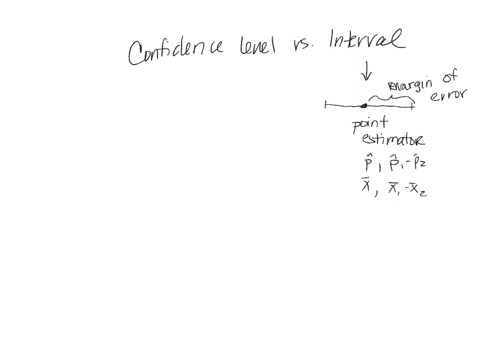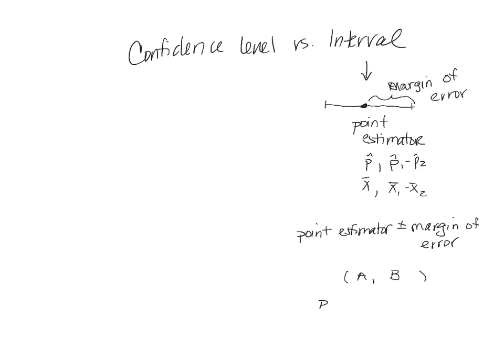And so when we talk about confidence intervals, they consist, like I said, of a point estimator, which is a value, plus or minus the margin of error. Okay. And they are typically written as something like from A to B.